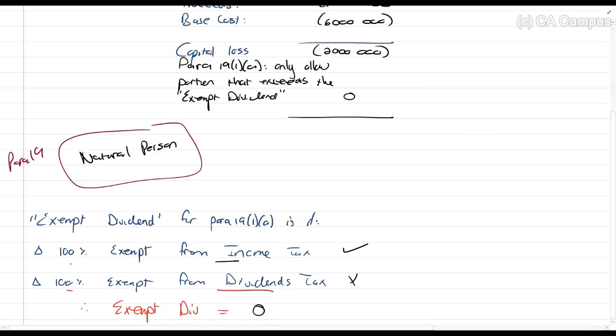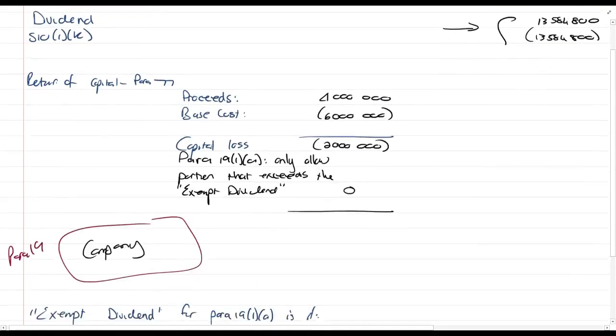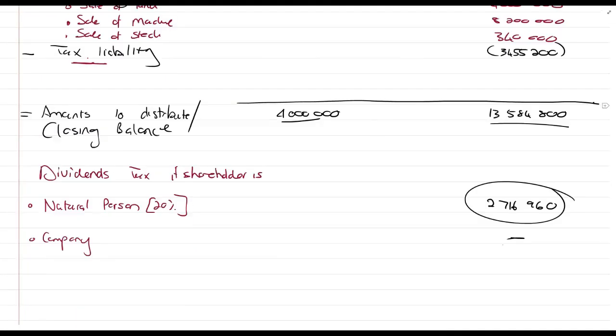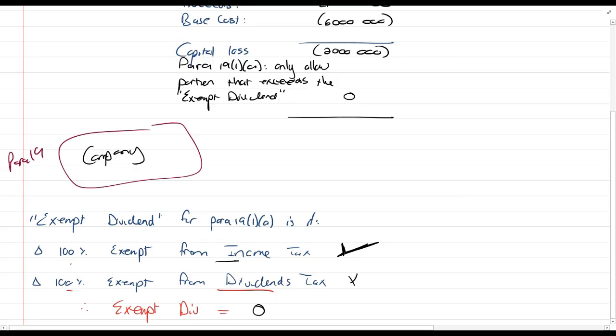Now, if it is not a natural person, but it is a company, we say, is it 100% exempt from income tax? Yes, it is. It's the same concept. Is it 100% exempt from dividends tax? The answer is yes, it is.